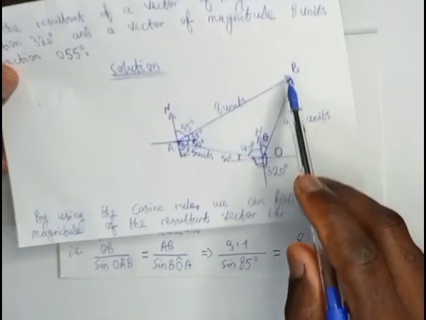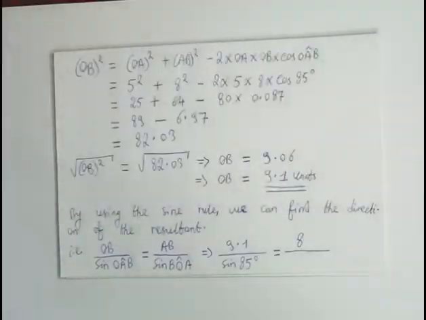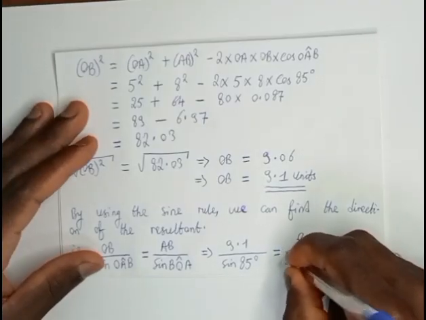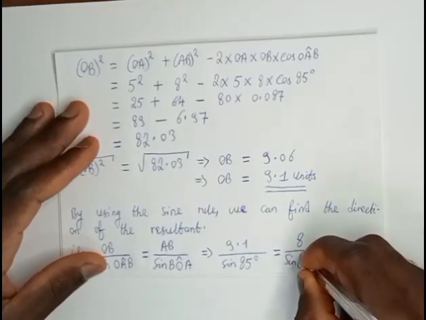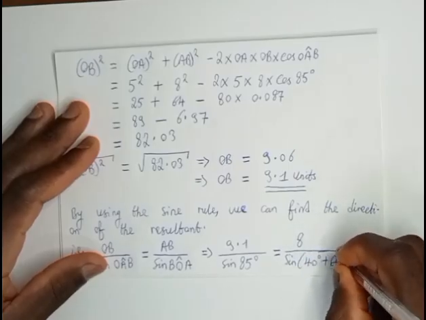This is BOA, which will be 40 degrees plus theta, so the sine of 40 degrees plus theta.